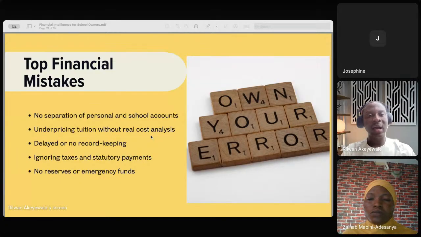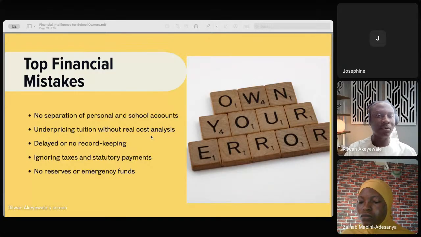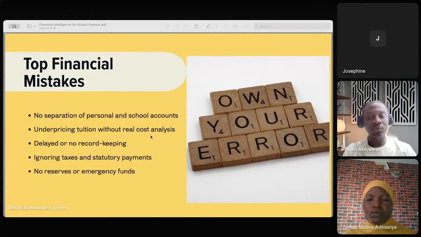And also you need to have an emergency fund as a school. Like I said, that fund will be kept separately. You need to be adding some money to it every month, so that if there is a particular month that you don't have enough income to fulfill your financial obligations for that month, you'll be able to use the funds in that emergency fund to buffer whatever you need, and then you can pay it back.